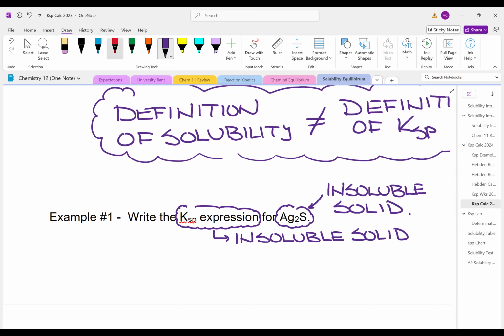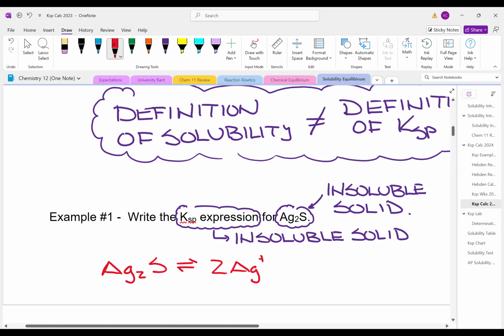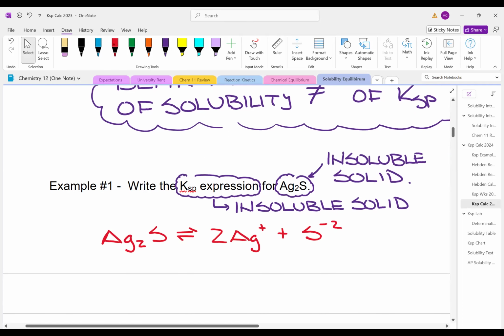Once you figure that out, you can say Ag2S is in equilibrium with 2Ag plus and S minus 2. This is from the dissociation that you learned previously.